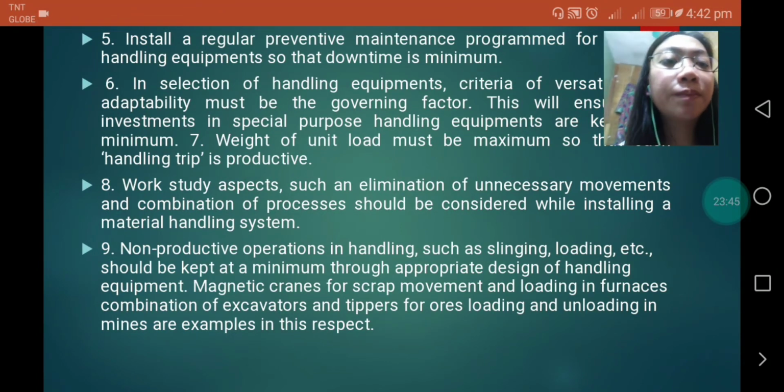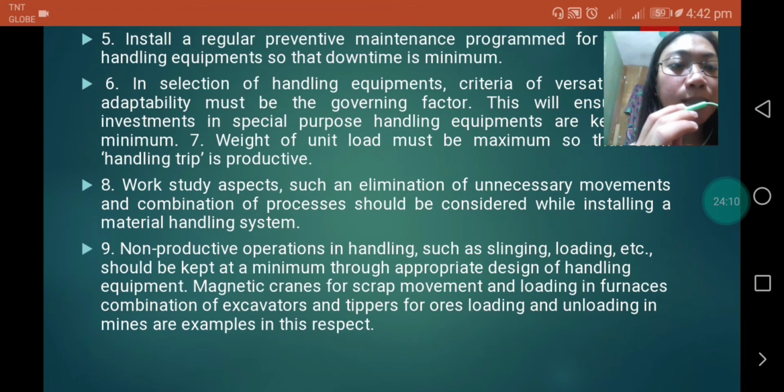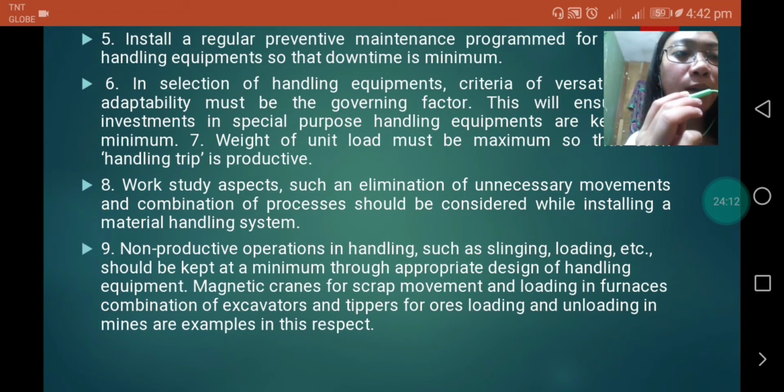Number 9, productive operation in handling such as slinging, loading, etc. should be kept at a minimum through appropriate design of handling equipment. Magnetic cranes for scrap movement, unloading, and furnaces, combination of excavators and tripper for ores, loading and unloading in mines are example in this respect.